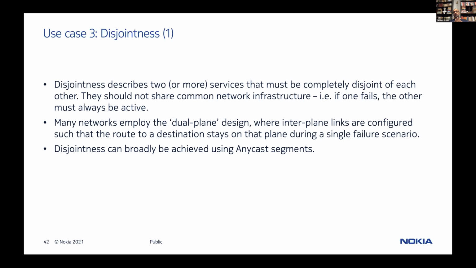A lot of operators build dual plane cores, for example, where they have two separate core networks. And you want to keep the primary service on one core and the backup on the other core. So if for whatever catastrophic reason one core is gone, then at least you're guaranteed that the backup path is on a different network altogether.